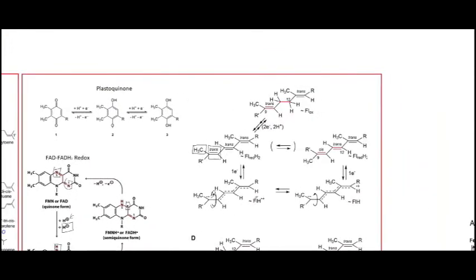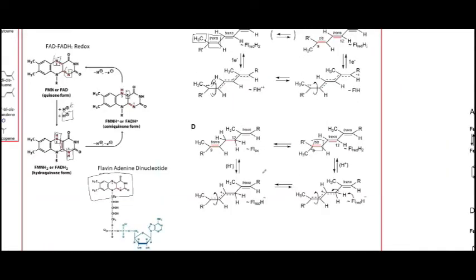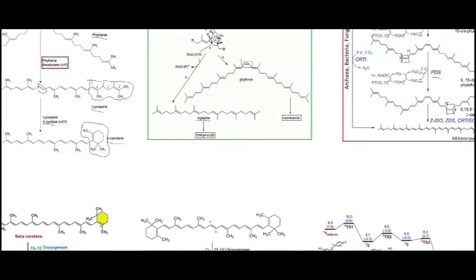That's oxidation. So we're removing electrons, which turns this double bond into a single bond with this carbocation here. Then we can rotate around this bond here, and that allows us to go from the CH3 down here to the CH3 trans here, going from the cis double bond to the trans double bond.